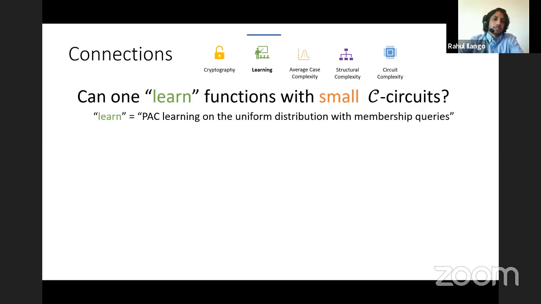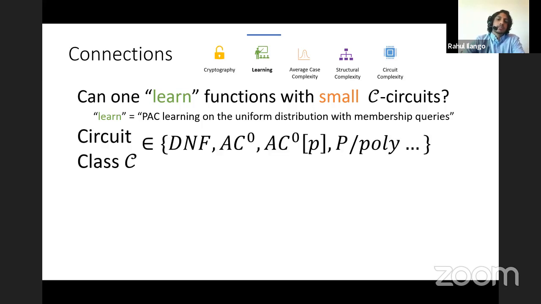I don't want to get into the precise model here, but roughly, there's some concept that you get to ask questions about, and you want to get the gist of it. You want to mostly figure out what that concept is, and what you'd like to do is learn anything that's easily computable, and you can ask for what circuit classes can you learn things that are easy to compute?